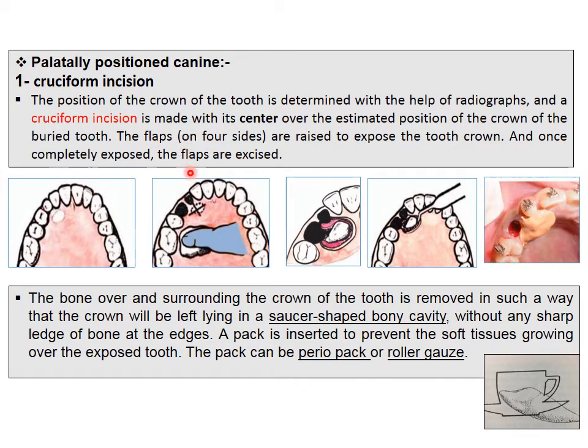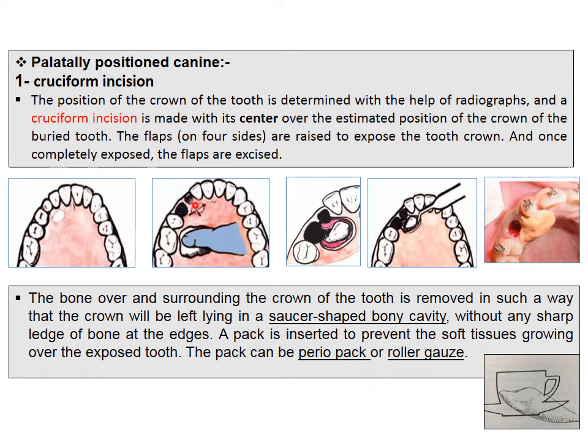After localization of the area of the impacted tooth, determined by clinical and radiographic examination, this incision is made over the center of the estimated position of the crown of the tooth.